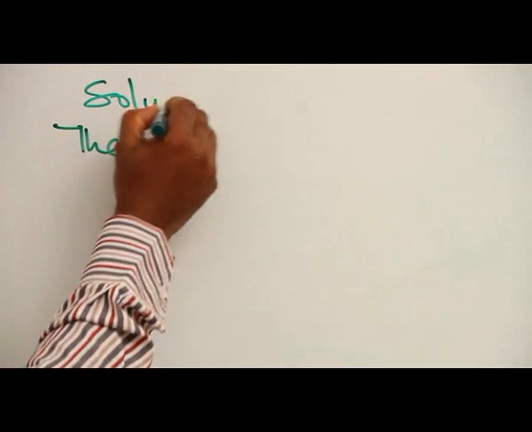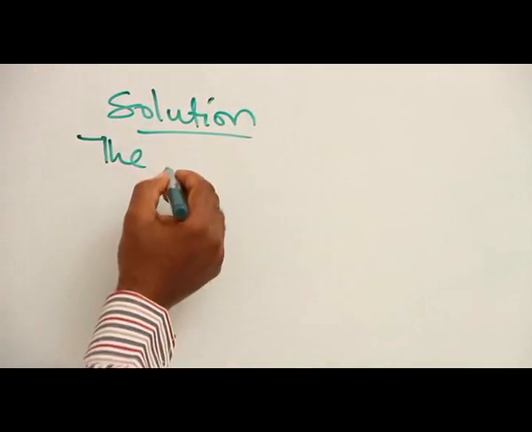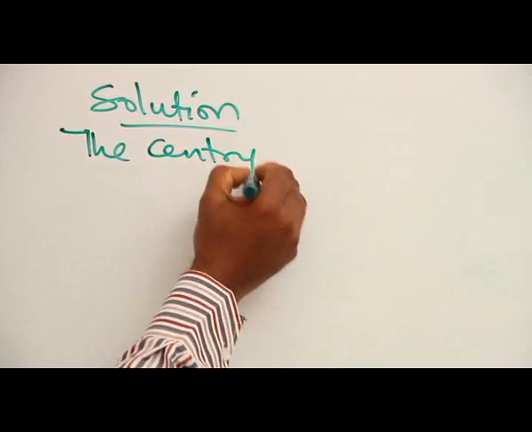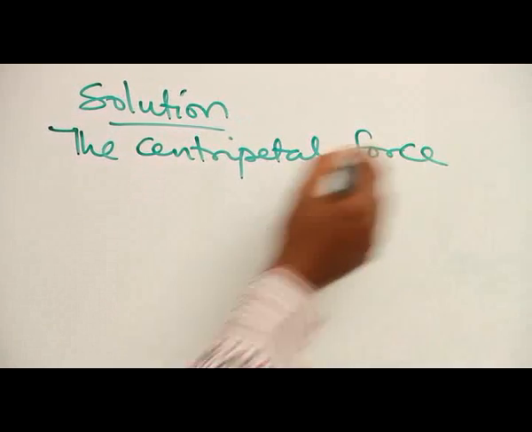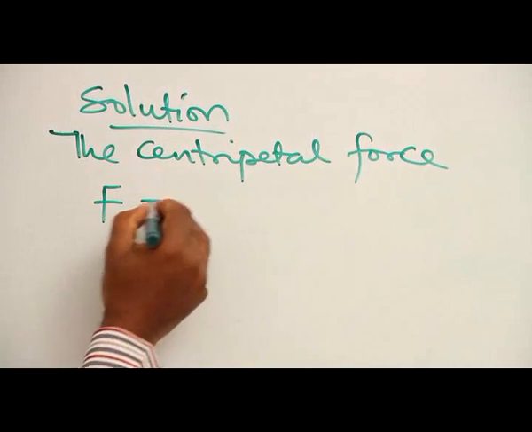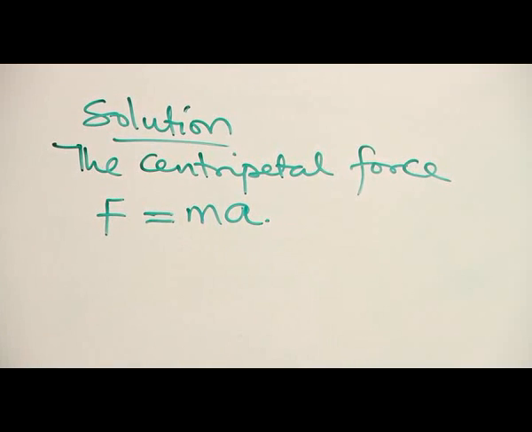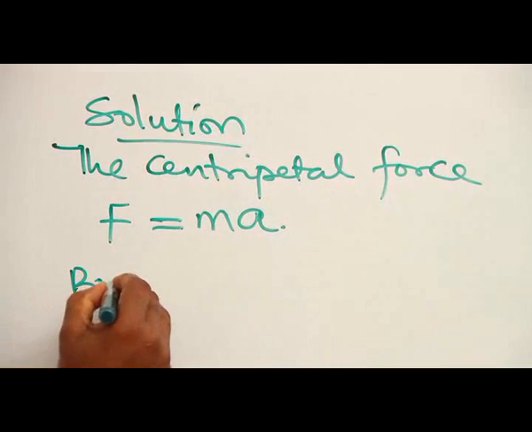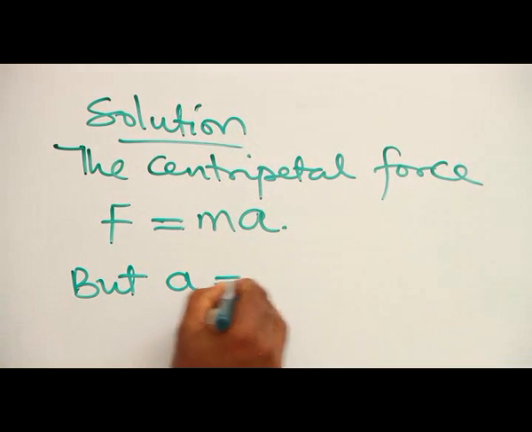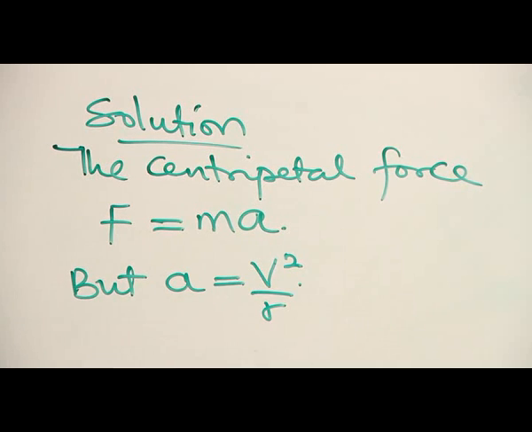Solution. The centripetal force F is equal to mass times acceleration, where a is the centripetal acceleration. But the acceleration is velocity squared over the radius for circular motion.